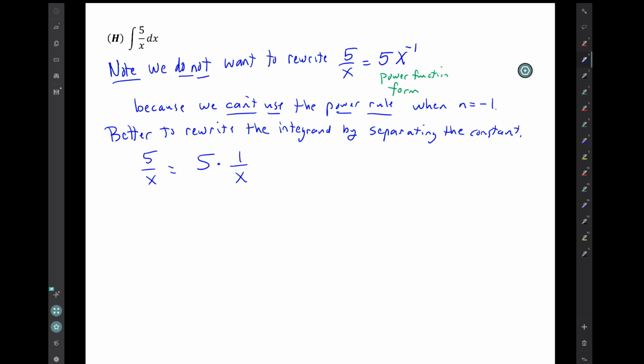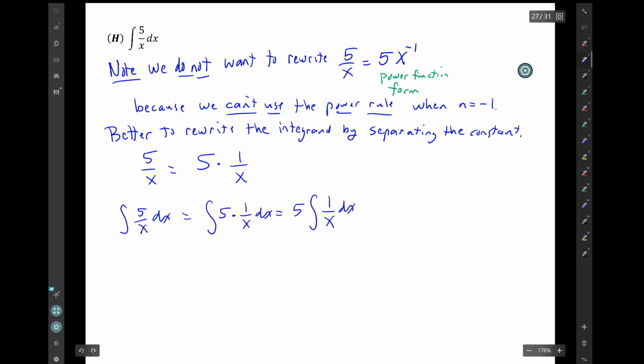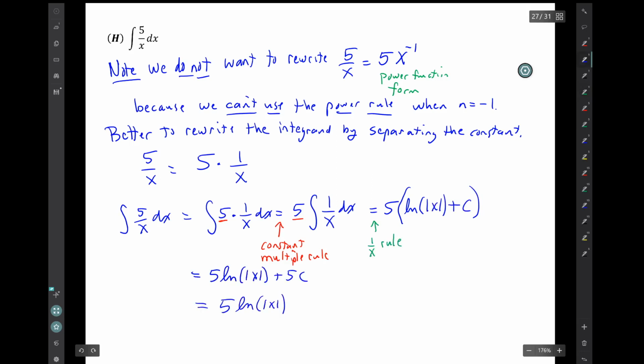So the integral goes like this. The result is that the indefinite integral is this function form, 5 ln of absolute value of x plus capital D. That capital D could be any letter that I want.